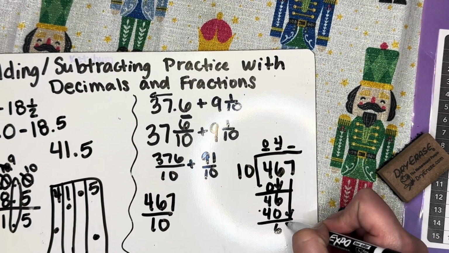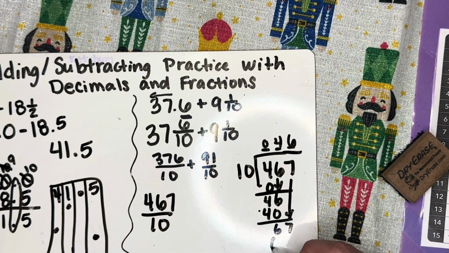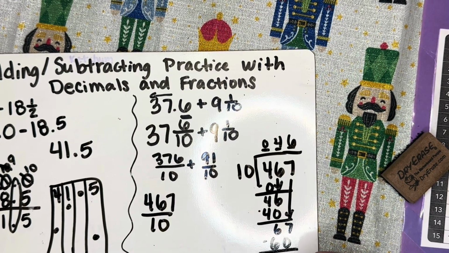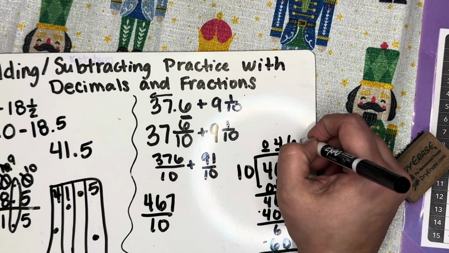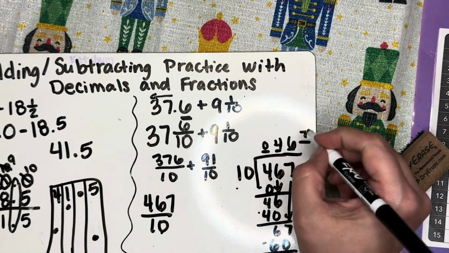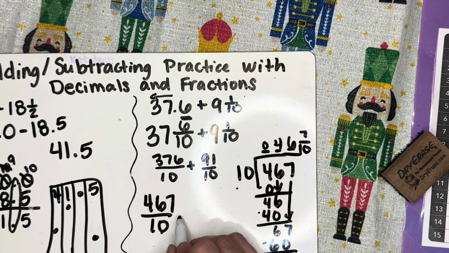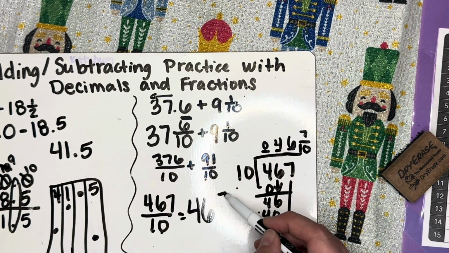Bring down my 7. 10 goes into 67 6 times. 60 on bottom, and I subtract, I get 7. Now, my remainder becomes my numerator. My divisor is my new denominator. So this is equal to 46 7/10.